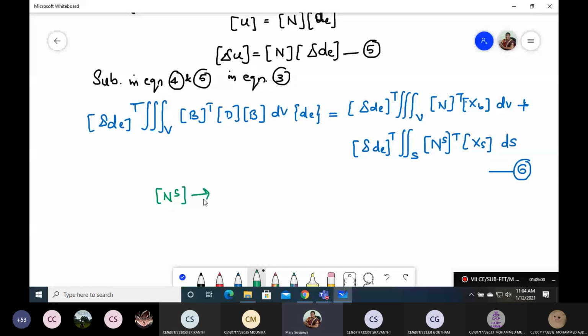NS matrix is the shape function along the boundary S1 where forces are prescribed.